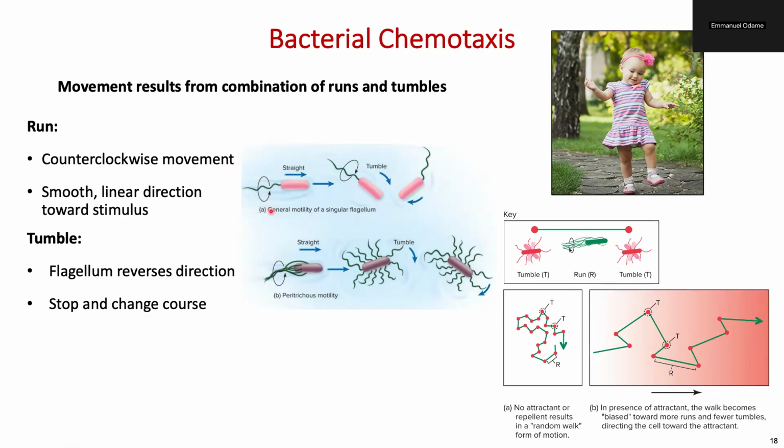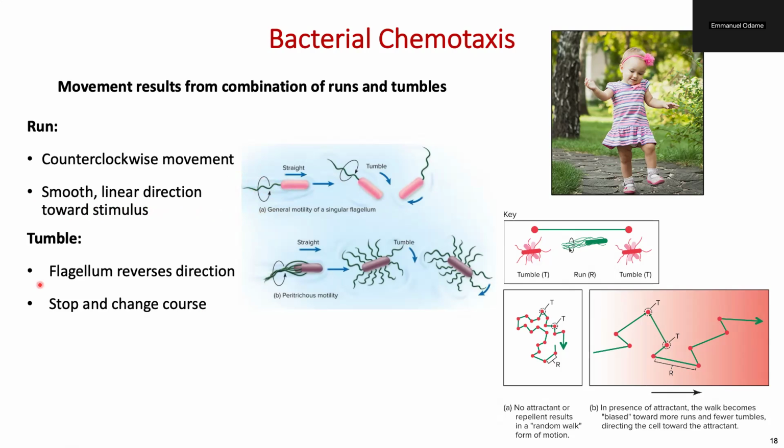It's just like a tadpole or a fish swimming and shaking. But this time it's moving in a counterclockwise direction and helping the bacteria move straight. It can be smooth, linear in direction, and it's towards the stimulus, which is the chemical attractant, or it's moving away from it.